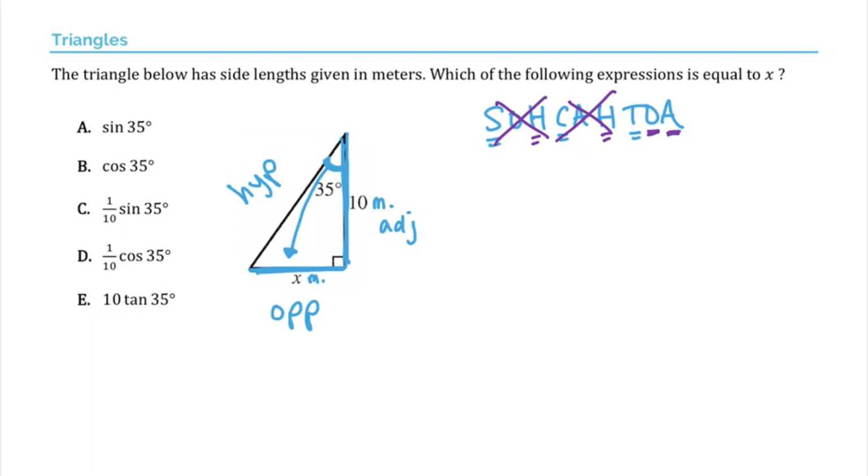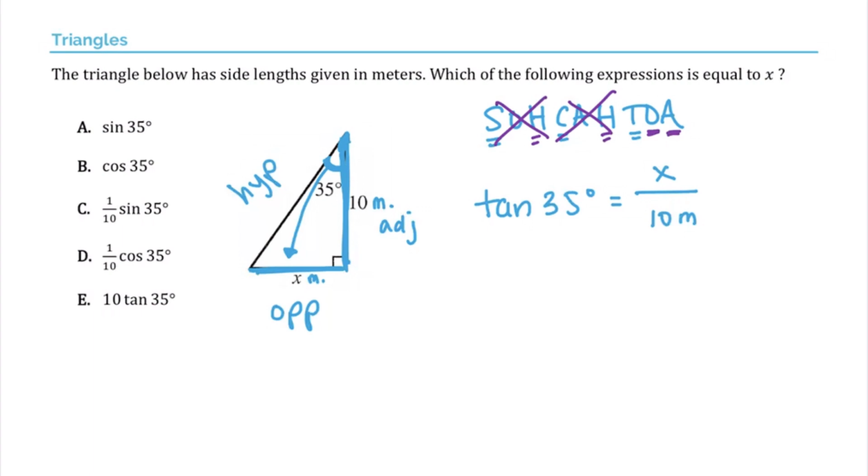So let's break this down. TOA means that the tangent of 35 degrees equals opposite of that angle, which is x, the length x, over adjacent. Remember, adjacent is going to be the length of the side that goes from the angle to the 90 degrees. So the length of that adjacent side was 10 meters. Now, how do we solve for x?